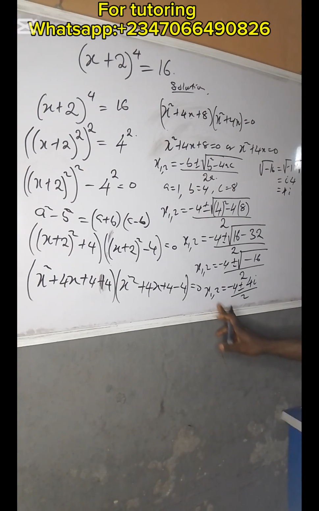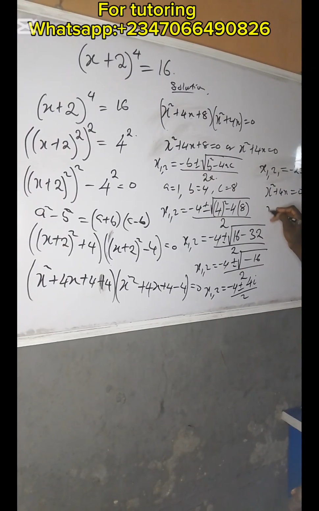Now, we are looking for the values of x1 and x2. Dividing everything by 2, we have minus 2 plus or minus 2i. This is the value of x1 and x2. But don't forget, we still have another equation to solve: x squared plus 4x equals 0.